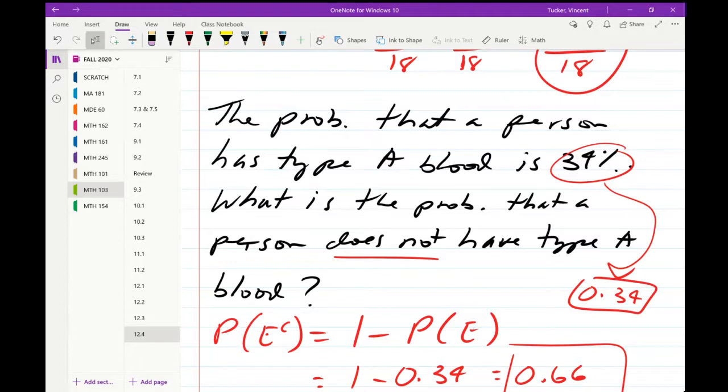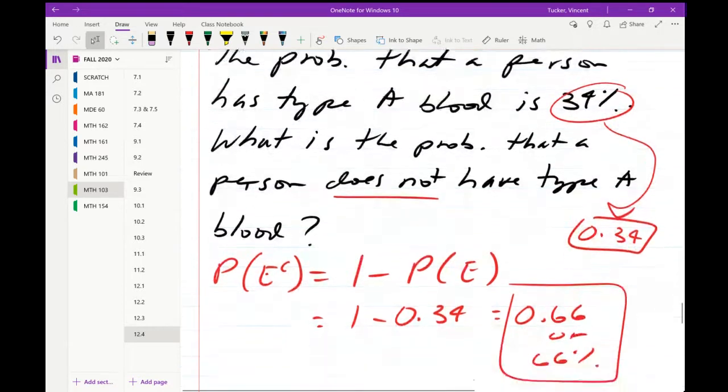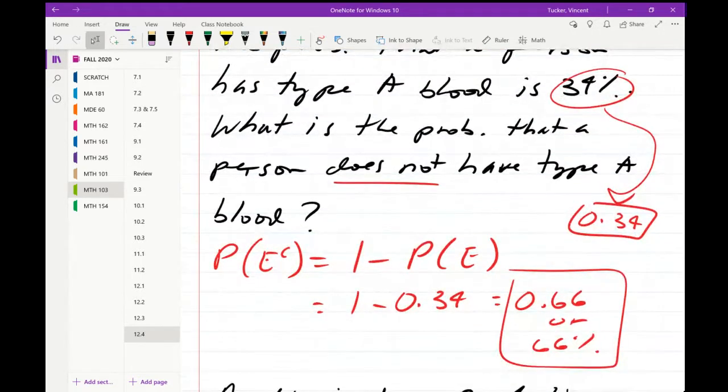As a decimal, 34% is 0.34. So you subtract that from 1 to figure out, not how many people, but the probability of not getting someone who has that type of blood. So it'd be 1 minus 0.34, which would be 0.66 as a decimal, or 66%, depending on how they want to answer.